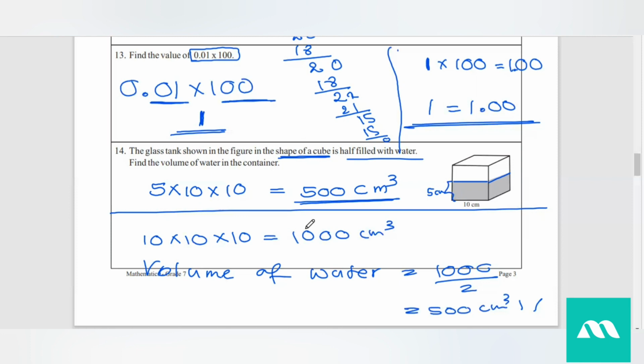Okay, so the unit of the volume is cubic centimeters.